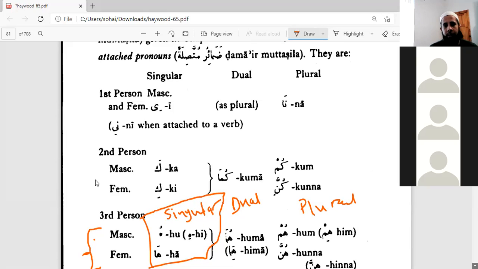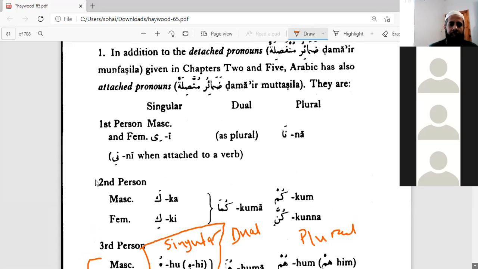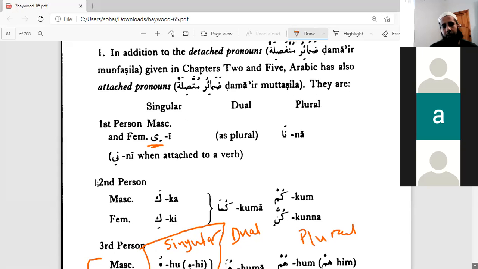If you go to the first person, what do we have for singular in normal pronouns? How do you say I? Ana. Yes, and in the attached pronoun it's going to be a kasra and then a ya. For example, kitabi. It should be kitabu, but it changes, because we can't say kitabuya.